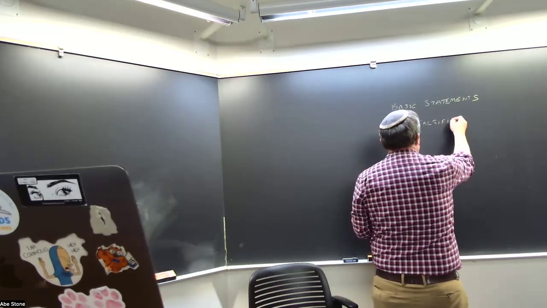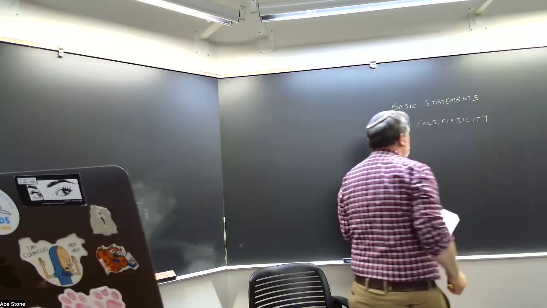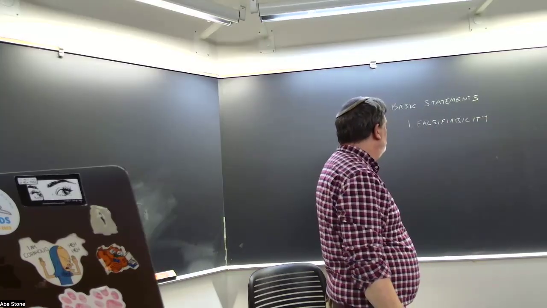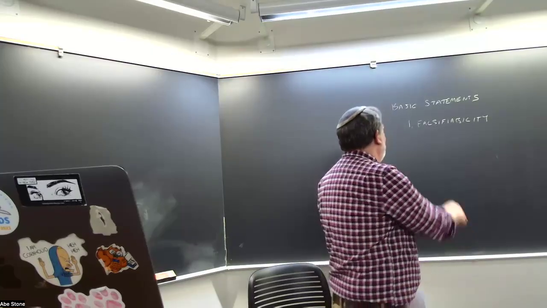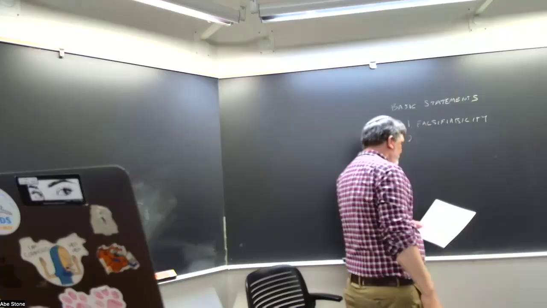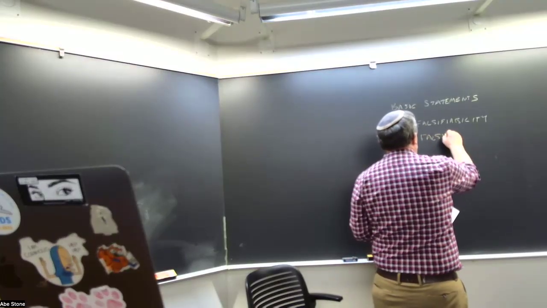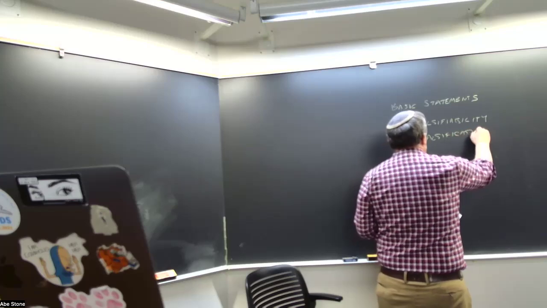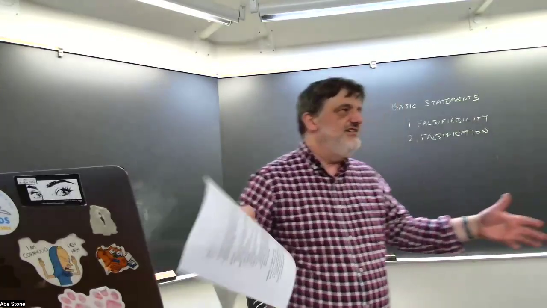One is to decide whether a given theory is falsifiable. The other is, once you have a theory that's falsifiable, to actually falsify the theory.